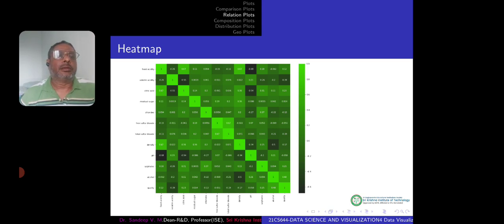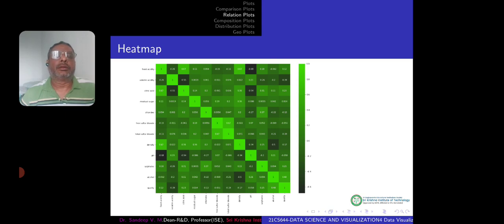Anyway, here on the right side we have a color palette, which shows that the minimum has a dark value and the maximum has a green value. A light green is the maximum. As we go down, the green becomes darker, darker, darker, and finally it becomes totally black.